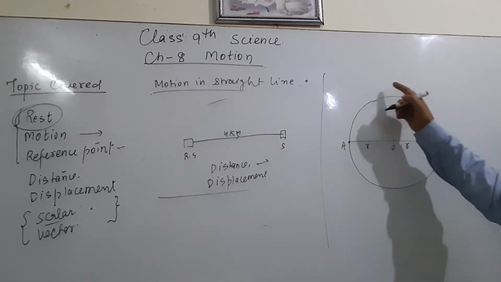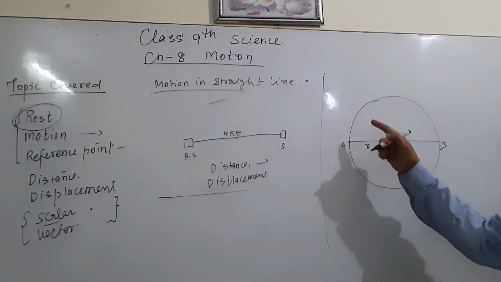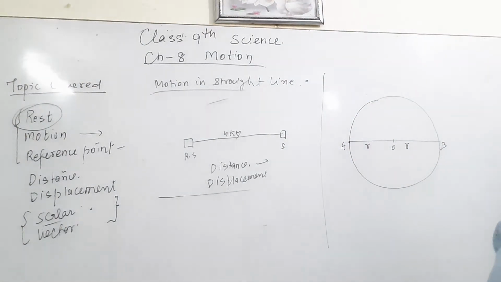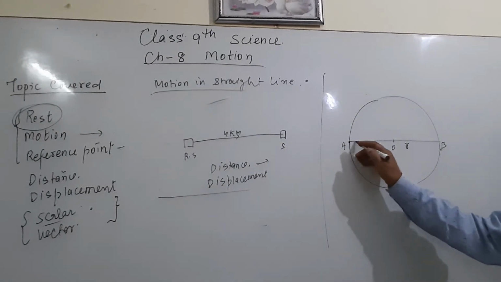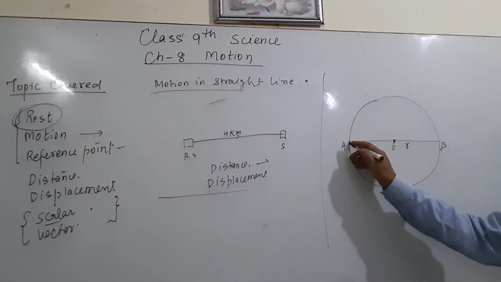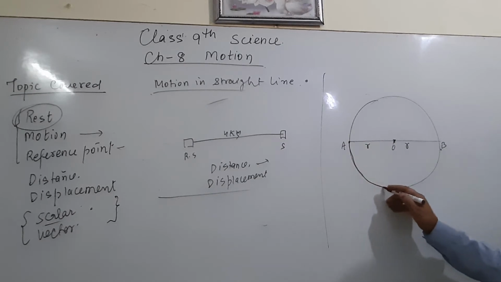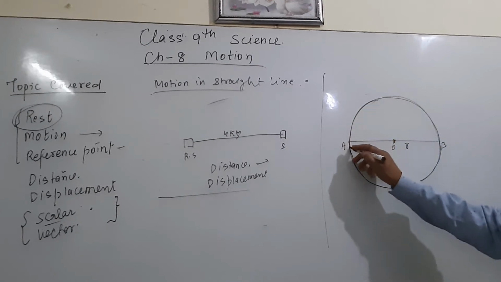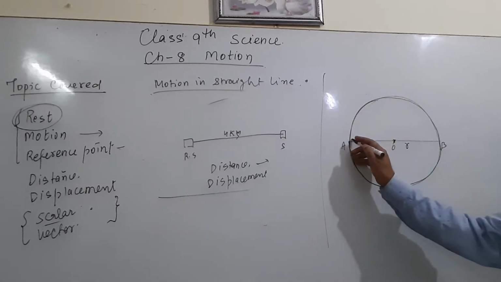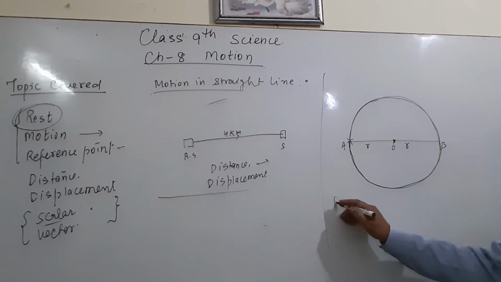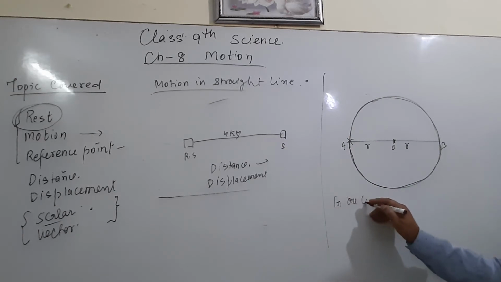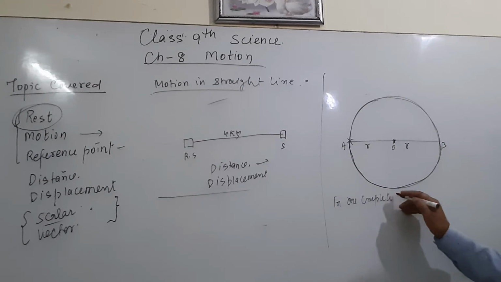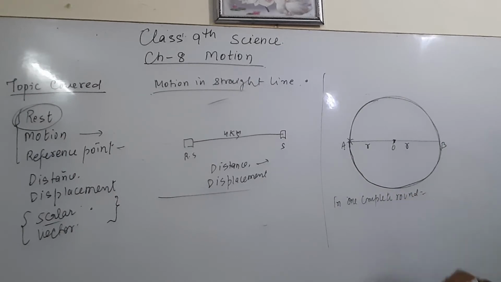This is the circular path of radius r. I start from A and take a complete round, and reach A again in one complete round. The distance and displacement?